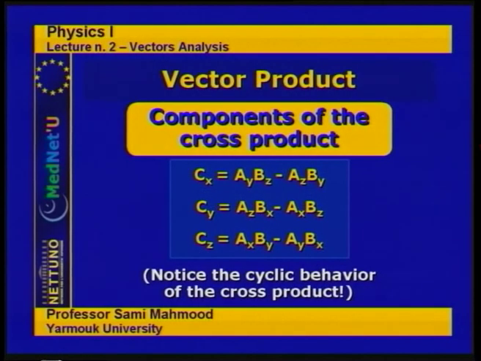There is a good point here to remember, which is the cyclic order in which these components are arranged. Notice that if we arrange x, y, and z around a circle, then a given component of the cross product follows that cyclic order.